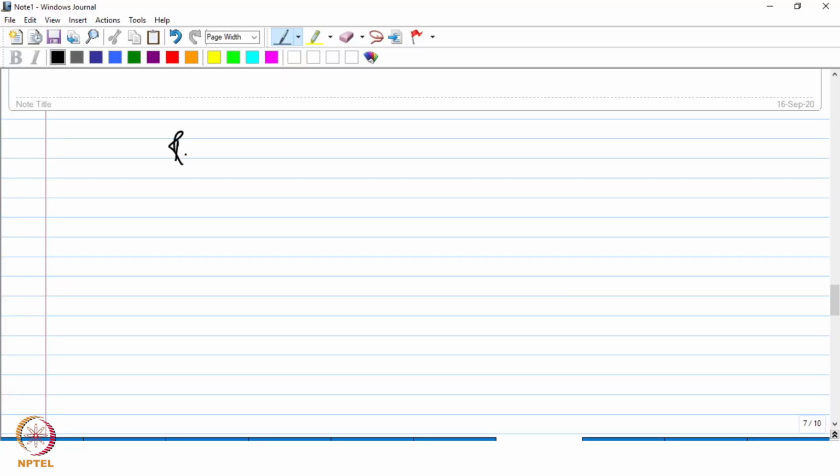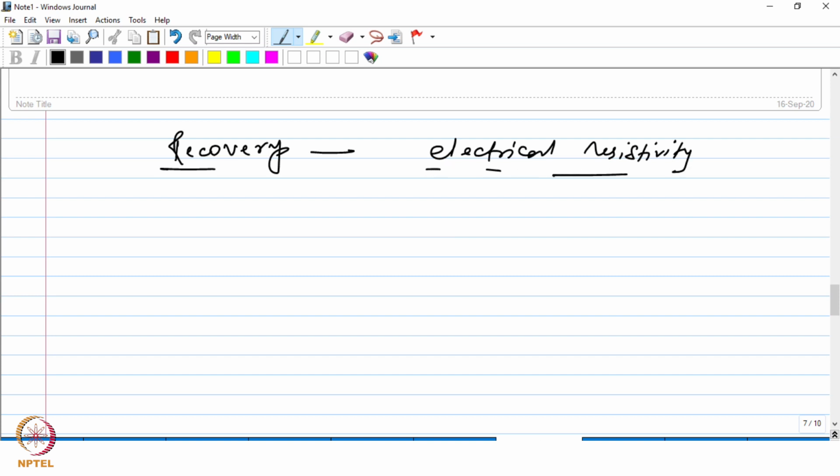So we have seen that the recovery process restores some of the properties. Properties such as the electrical conductivity or the electrical resistivity will be affected by this process. The electrical resistivity, in fact, will decrease due to the recovery process.